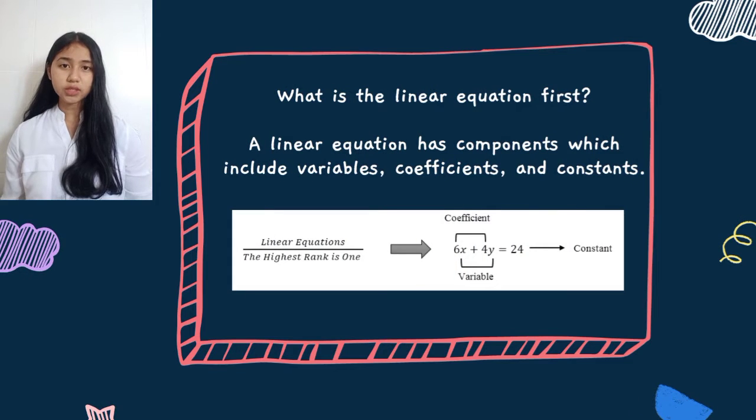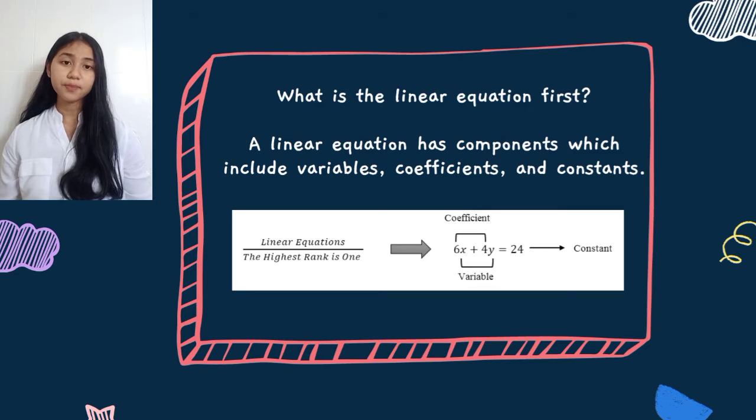Before we discuss the two variable linear equation system, we must know what a linear equation is. A linear equation has components which include variable, coefficient, and constant. Variables are values that can change. The coefficient is the number in front of the variable. A constant is a number that is not followed by a variable.